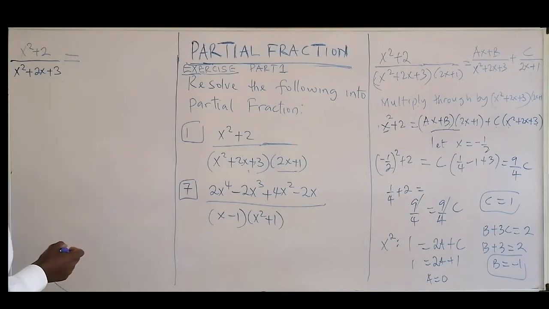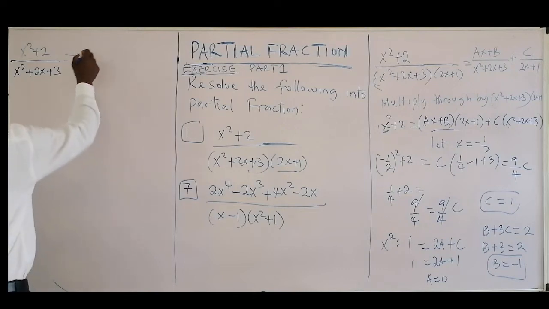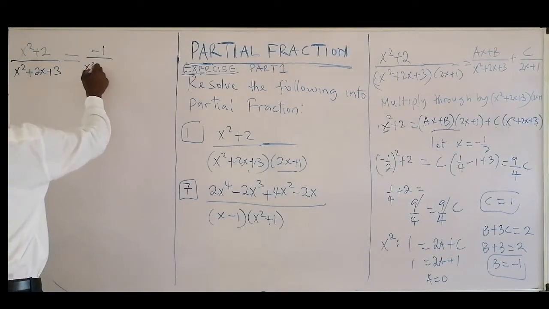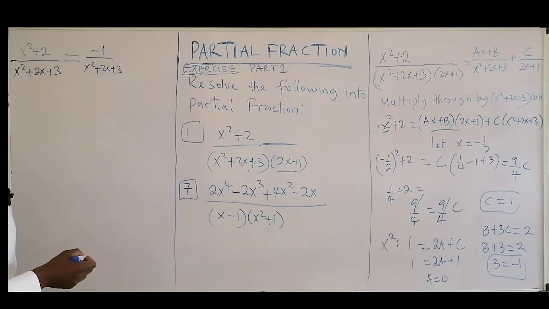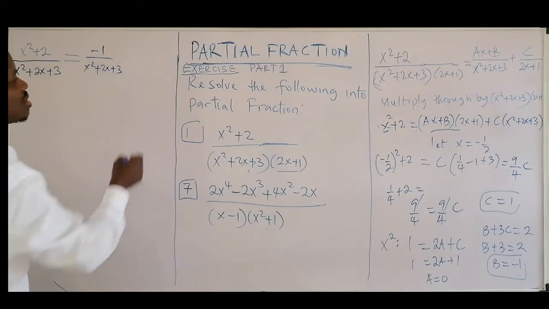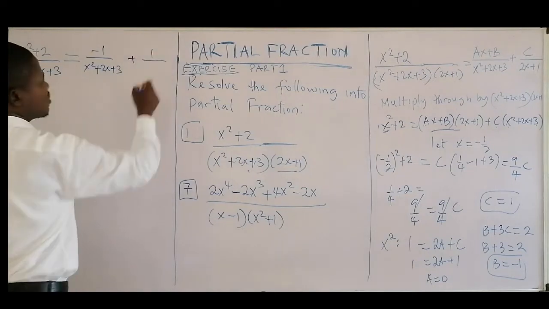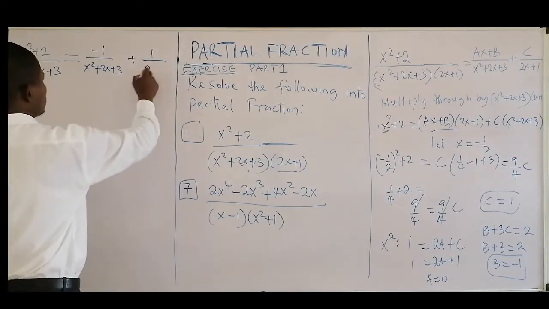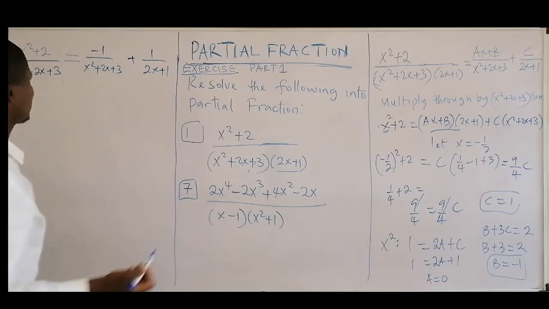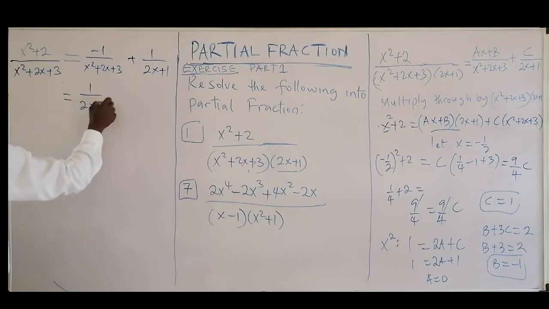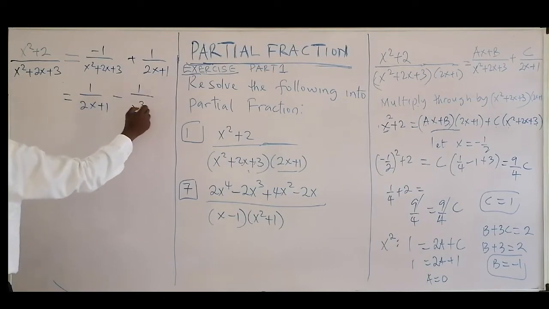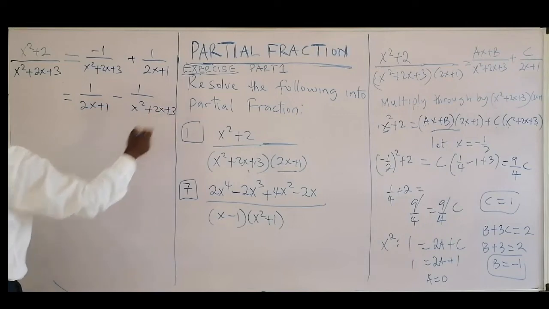Then b is minus 1, so that's minus 1 over x squared plus 2x plus 3. Then c is 1, so we have plus 1 over 2x plus 1. So that's the answer. If you want to reverse the order, you can write 1 over 2x plus 1 minus 1 over x squared plus 2x plus 3. It's also correct. So that's the first one.